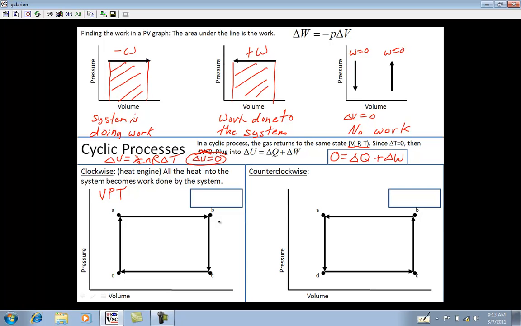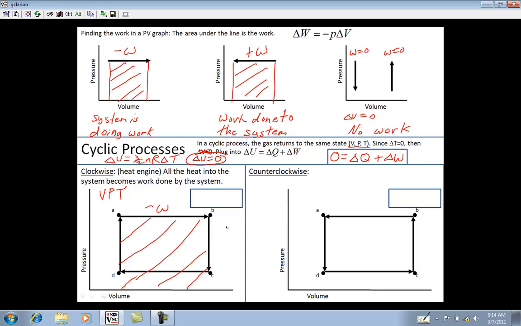Okay. That's going to be negative work. It's work being done by the system. How would I calculate that work? Okay. It would be area from here to where? All the way down to the bottom. So you have to include all that area to the bottom.